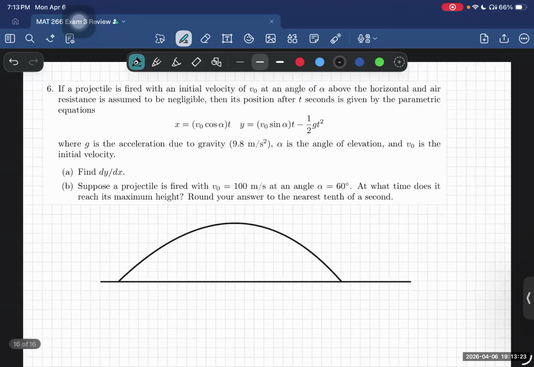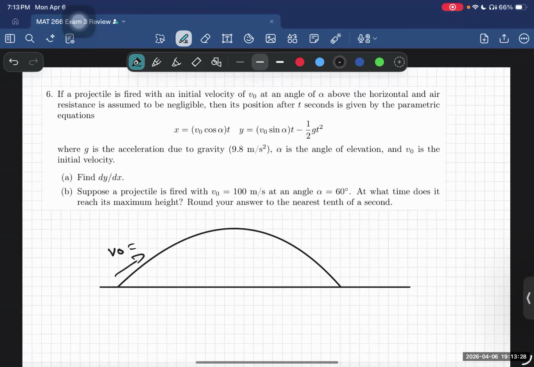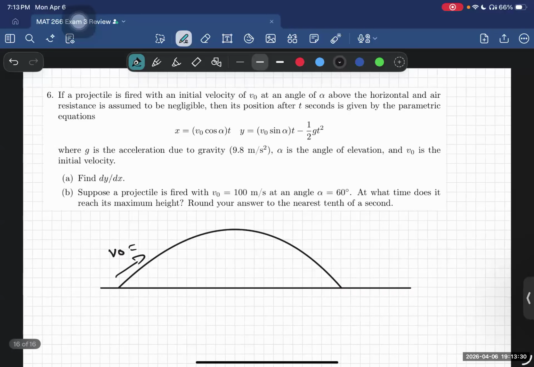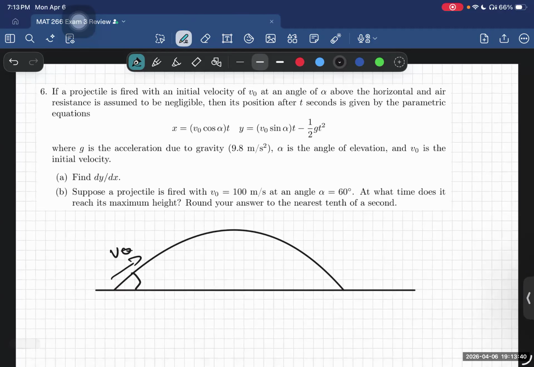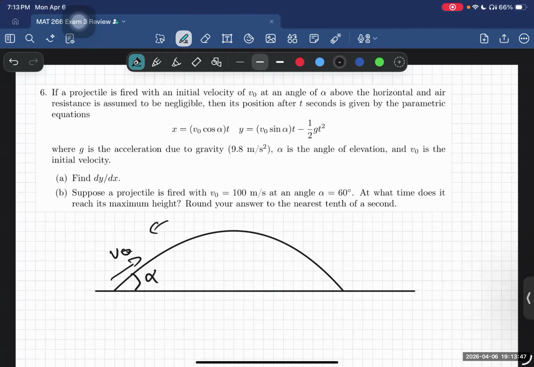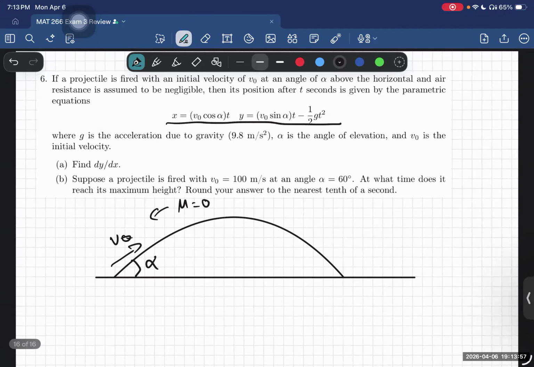If a projectile is fired with an initial velocity of v naught at an angle of alpha above the horizontal, and air resistance is assumed to be negligible, so the air resistance, or friction, is set to zero, then its position after t seconds is given by the parametric equations here.